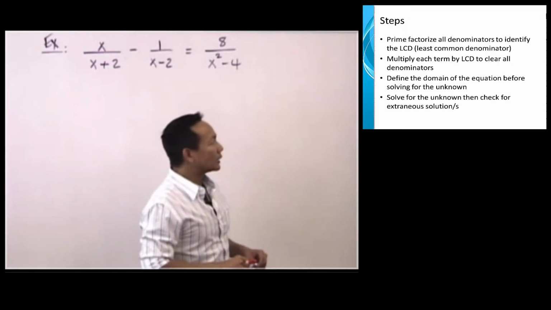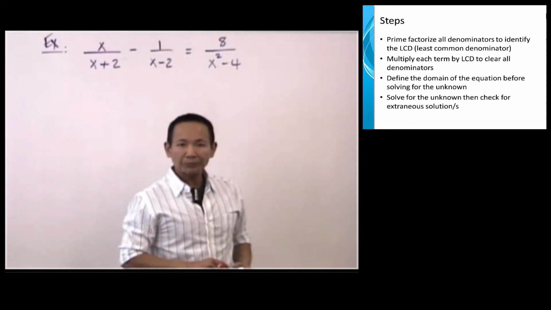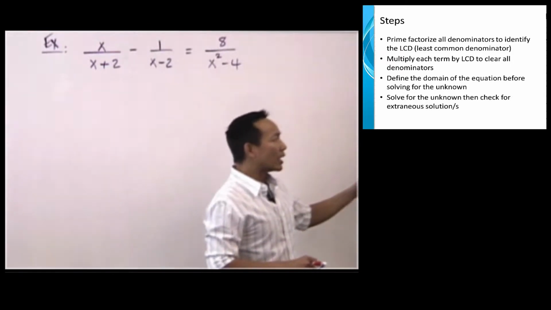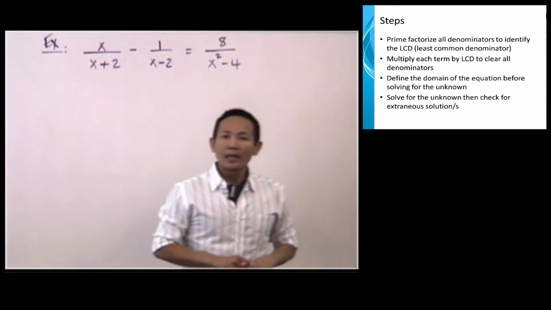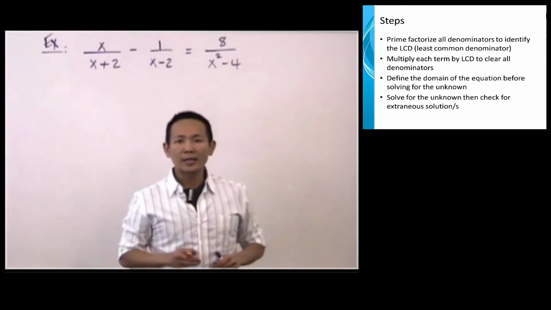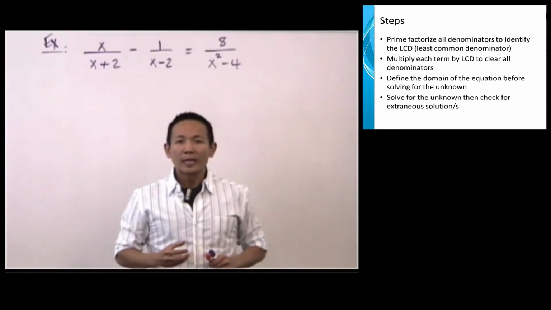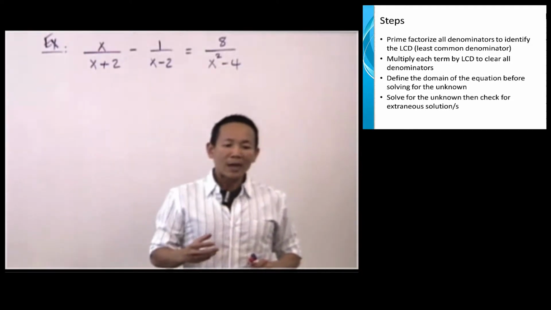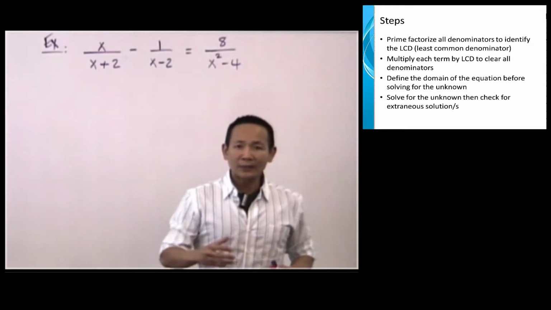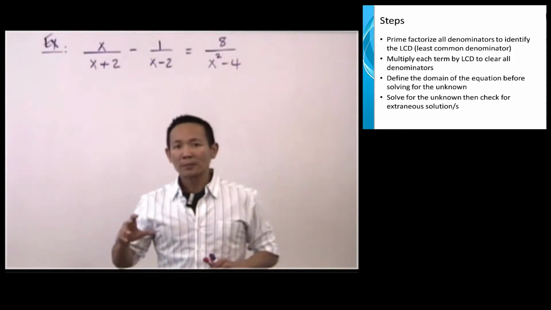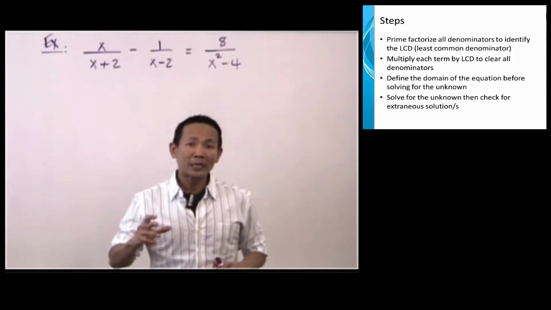And then the next step, before solving for the unknown, we have to define the domain of the equation. Let me clarify a bit. What is the domain of a rational equation? The domain of the rational equation is the set of all real numbers, excluding those numbers that make the denominator 0.